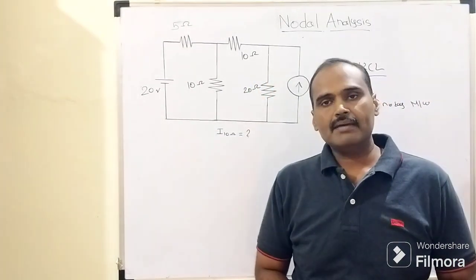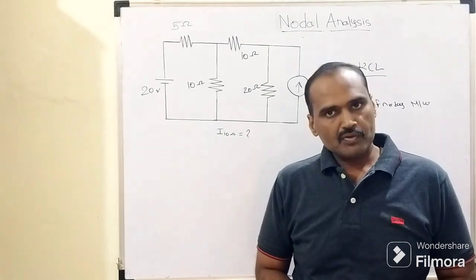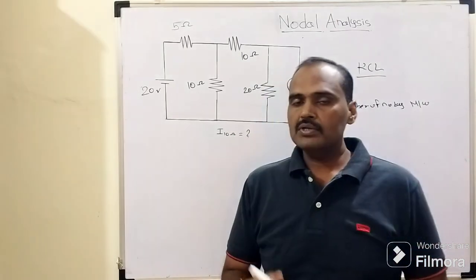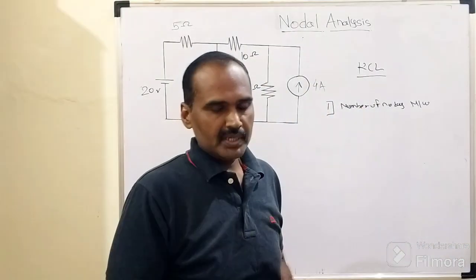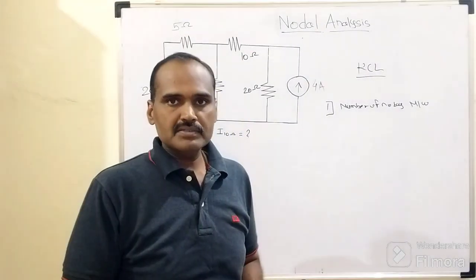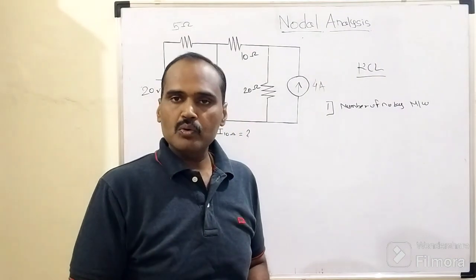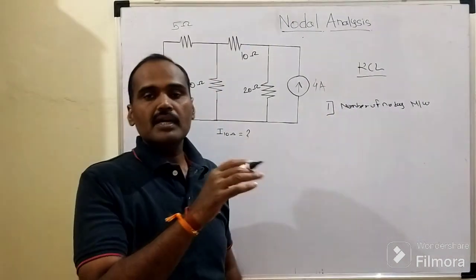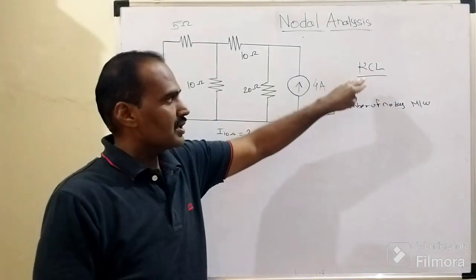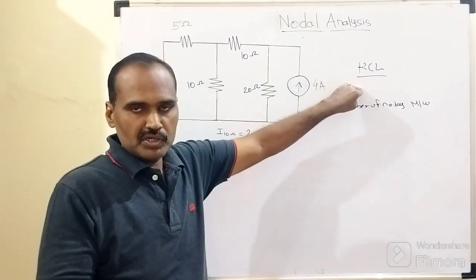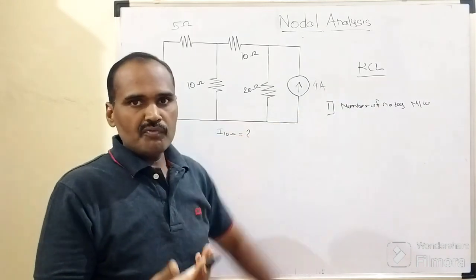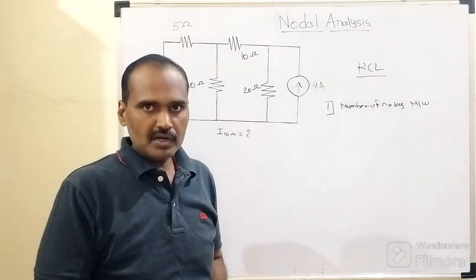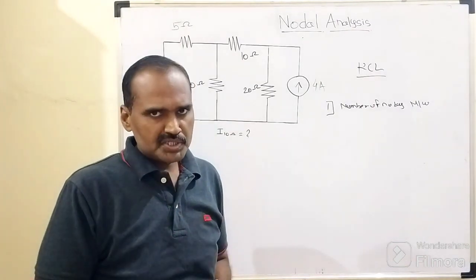Then and only then can we adopt the Kirchhoff current law strategy, because KCL deals with incoming and outgoing current. We apply this Kirchhoff current law to that particular node. The statement of Kirchhoff current law says that the summation of all incoming and outgoing currents at that particular node equals 0, or the summation of incoming currents equals the summation of outgoing currents.